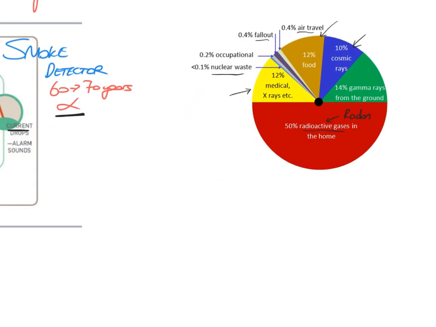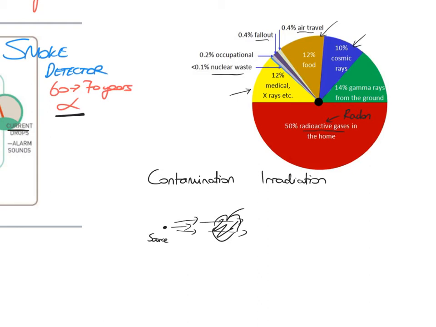Another little snippet is the difference between contamination and irradiation. So if I were to take, I don't know, an apple, and I were to have a source out here which had a radioisotope in it and it was emitting radiation, the radiation might cause some ionization within the apple, but there would be no radioactive nuclei actually in the apple.